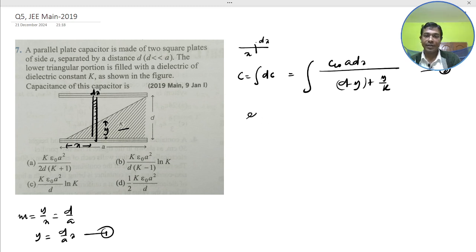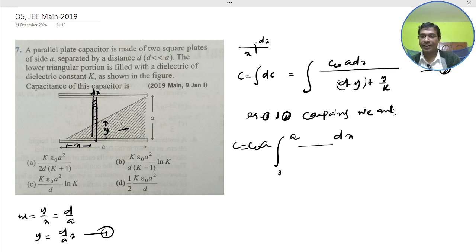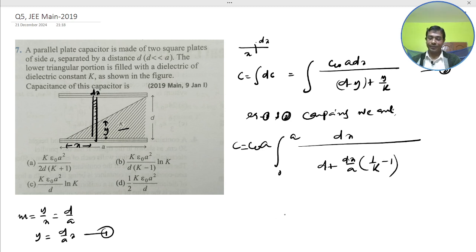Now comparing equations 1 and 2, we get that C is equal to epsilon naught a, integral from 0 to a, dx divided by d plus dx by a times 1 over k minus 1.